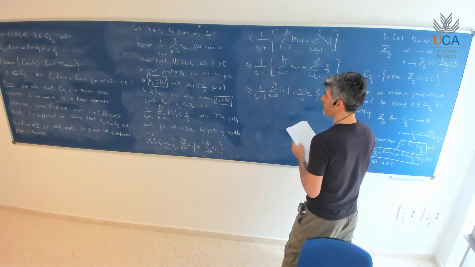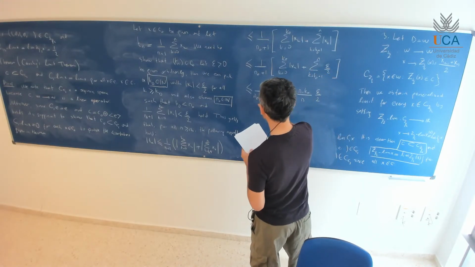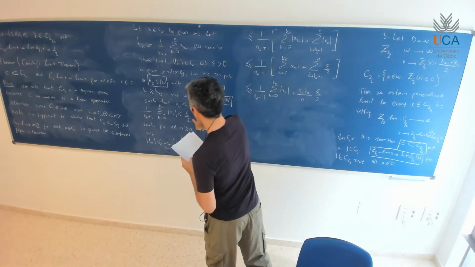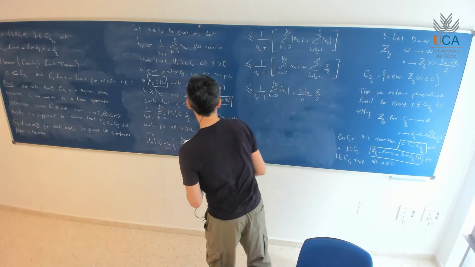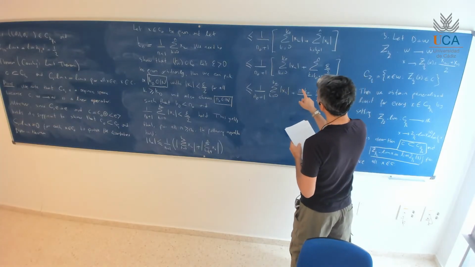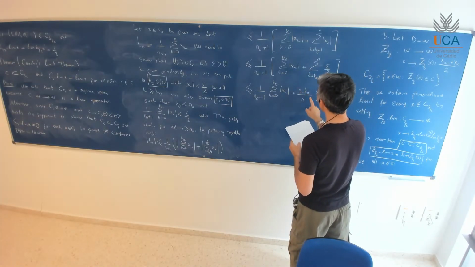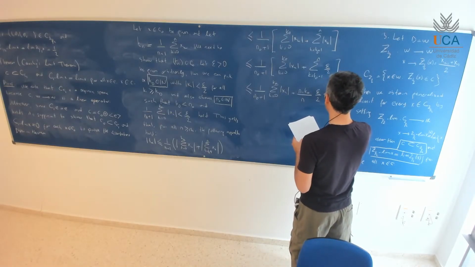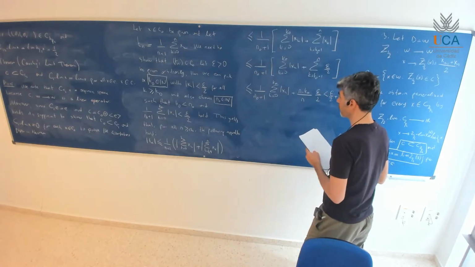So we know that this number is less than epsilon over 2 from this. So this number is also less than or equal to 1. So we get epsilon over 2 plus epsilon over 2, which is epsilon.